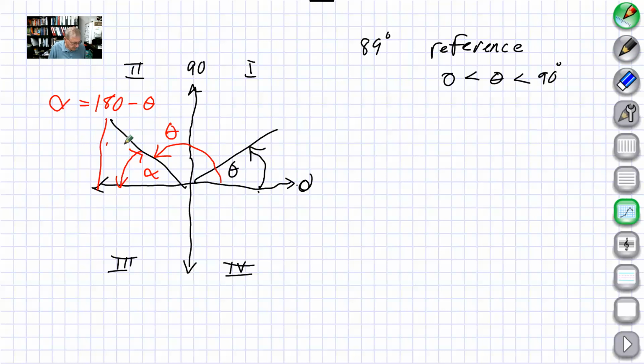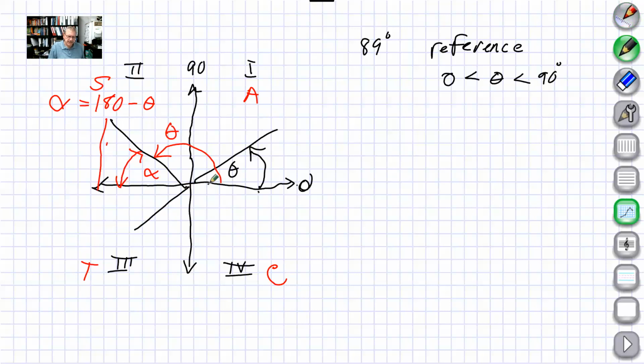Also remember that all students take calculus. Only the sine is positive in the second quadrant, along with cosecant; tangent, cotangent, cosine, and secant are negative. That helps you. What if we're in this quadrant? What if we have an angle here?